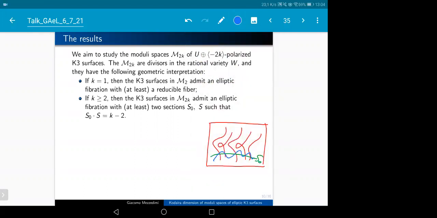Let me call it S. And this K here takes care of the intersection of this new section with the 0 section. It's precisely that the intersection number is K minus 2. So as K grows, we're basically considering K3 surfaces admitting elliptic fibrations with more than one section, and this new section intersects the 0 section in many more points. So that's the geometric interpretation of the objects of these moduli spaces.